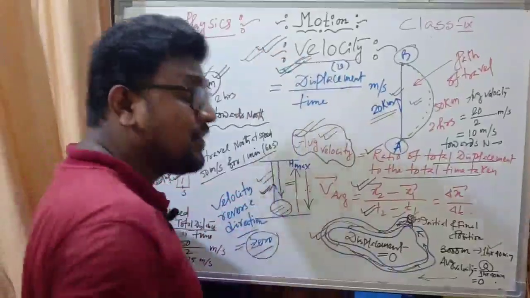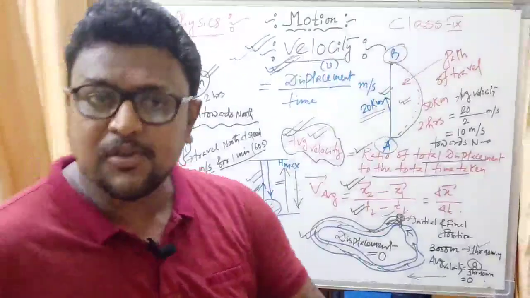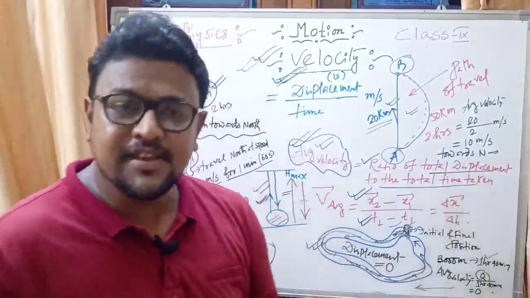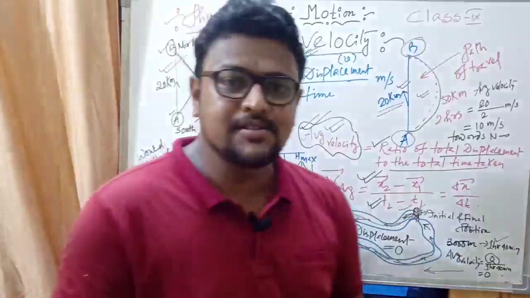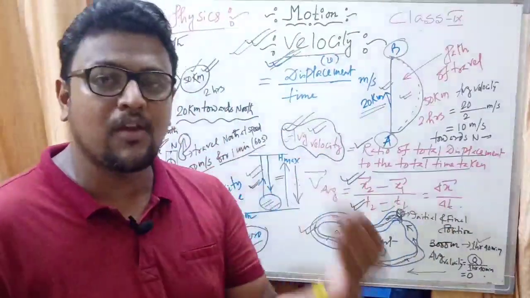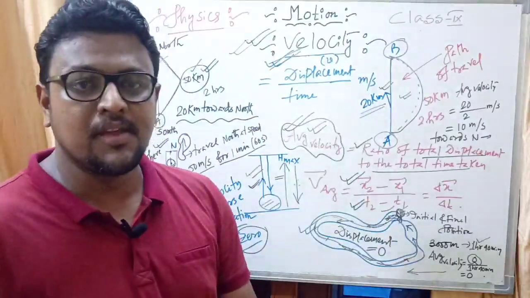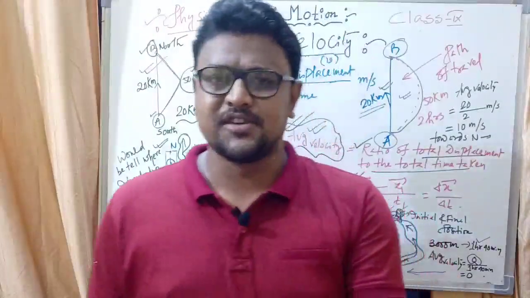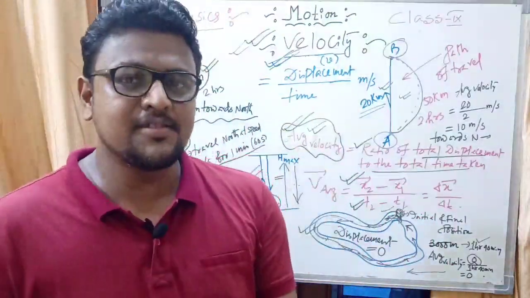So today up to this much. So today what did you learn? The concept of speed. What is speed? Speed is a physical quantity which gives us a basic idea about the total distance covered by an object with respect to time. That is the concept of speed. And what is velocity?